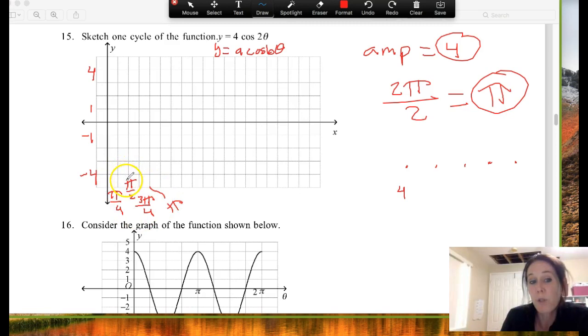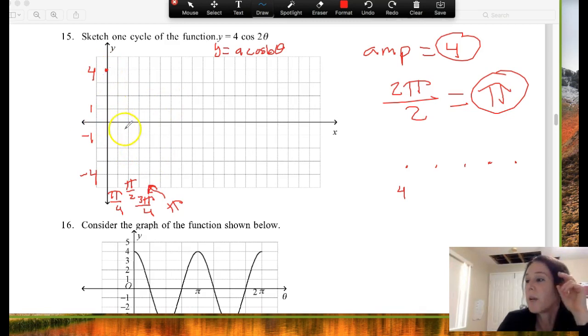So 1 pi over 4, 2 pi over 4, 3 pi over 4, 4 pi over 4. 4 pi over 4 is just pi, and that's what that point is. I couldn't fit it in, it's right there. Okay, so normally I start my cosine curve up at 1, but I start up at 4.